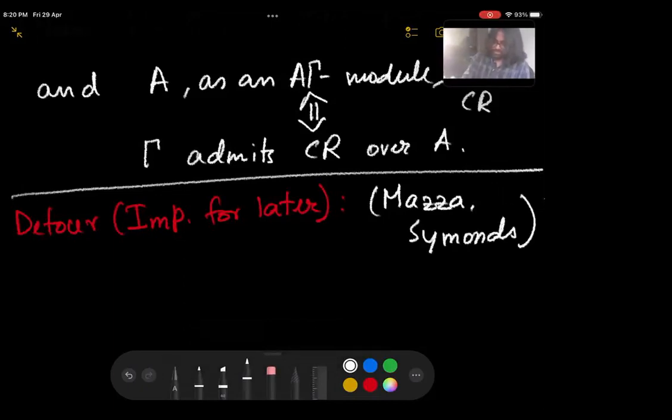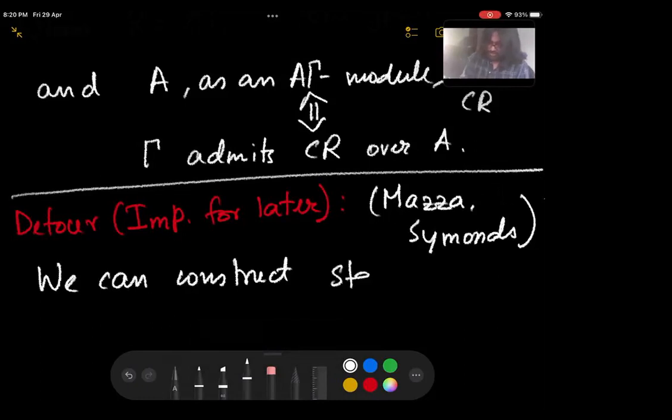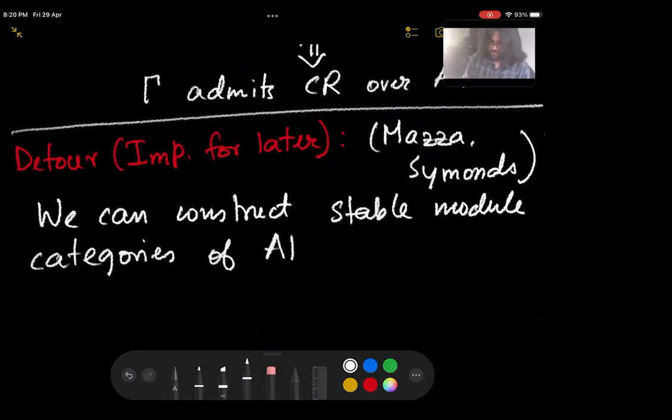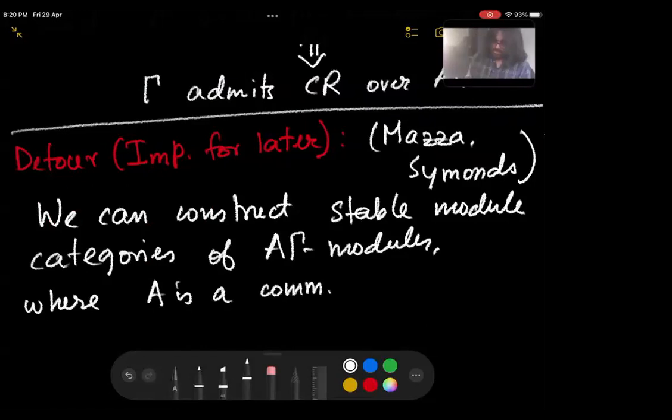So they construct, so we can construct stable module categories, I'll give you their definition later, of A gamma modules where A is a commutative ring of finite global dimension.